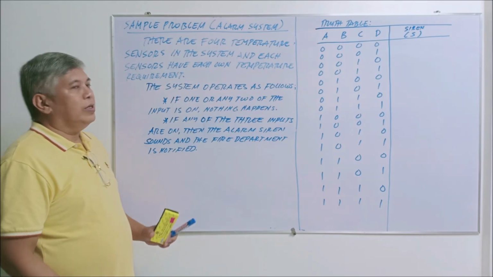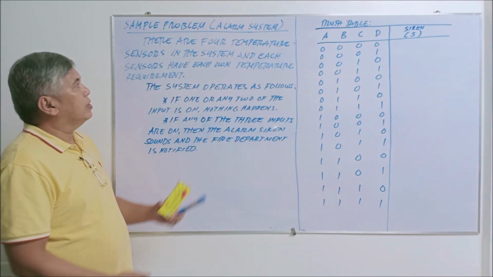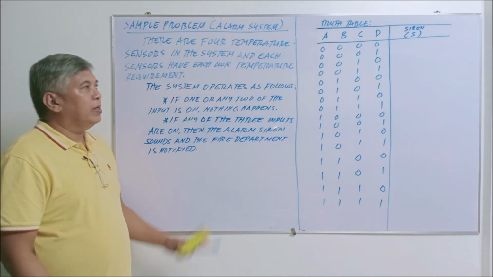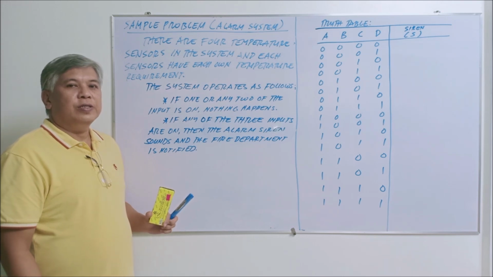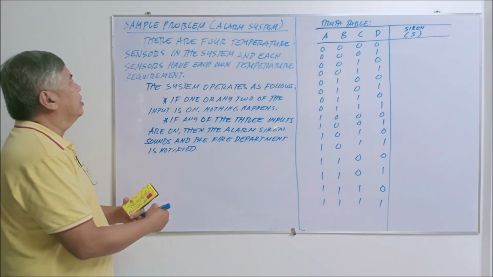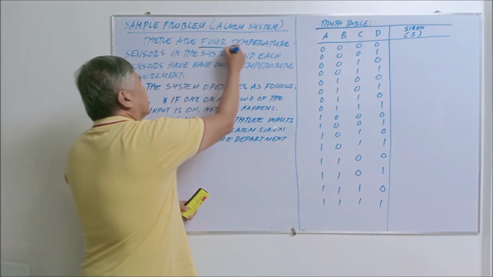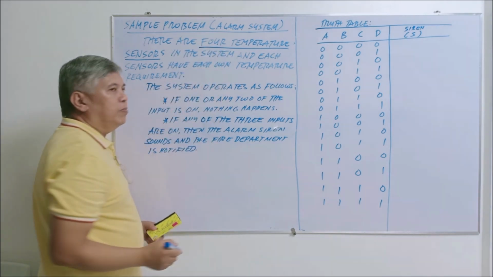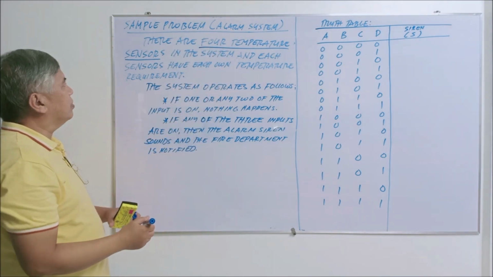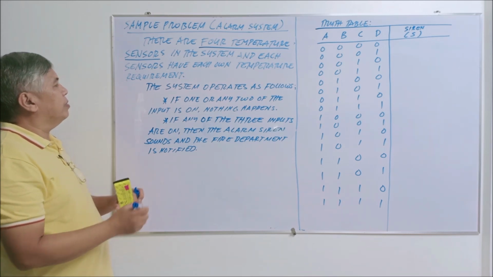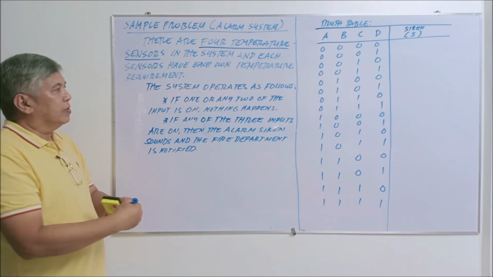We have now a sample problem, and this time it's about alarm system, no? To be specific, fire alarm system. Okay, so the problem states that there are 4 temperature sensors. Okay, so these are our inputs, 4 temperature sensors in the system, and each sensor has its own temperature requirement. Okay.